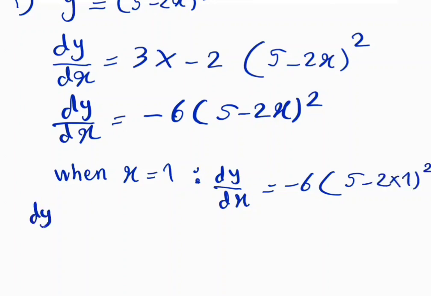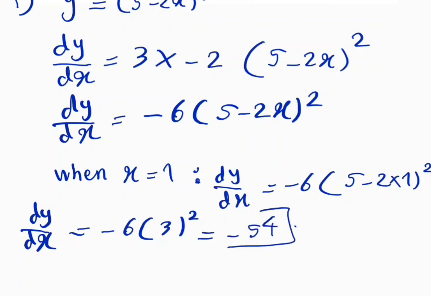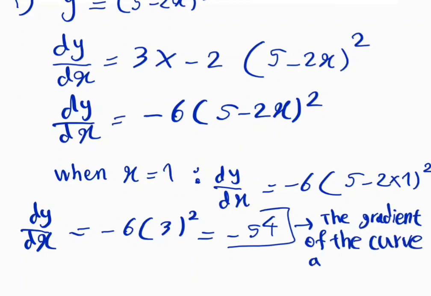So now let's work out the value of the gradient. So minus 6 times 5 minus 2 is 3, and 3 squared is 9, which is minus 54. So this is the gradient of the curve at point P.